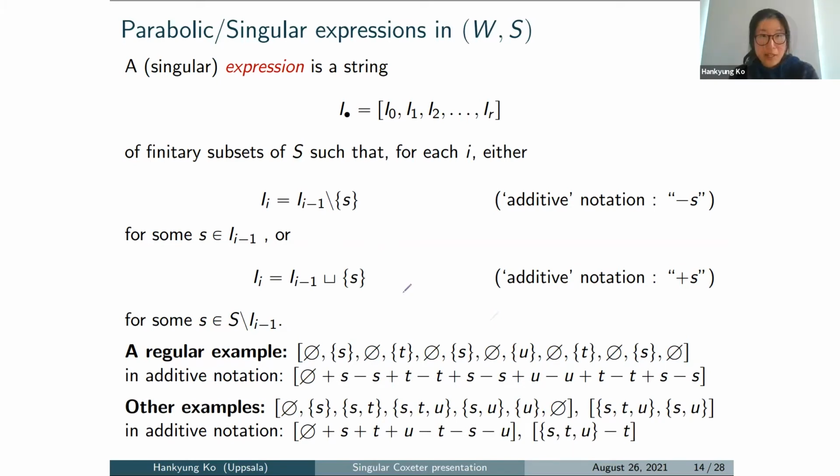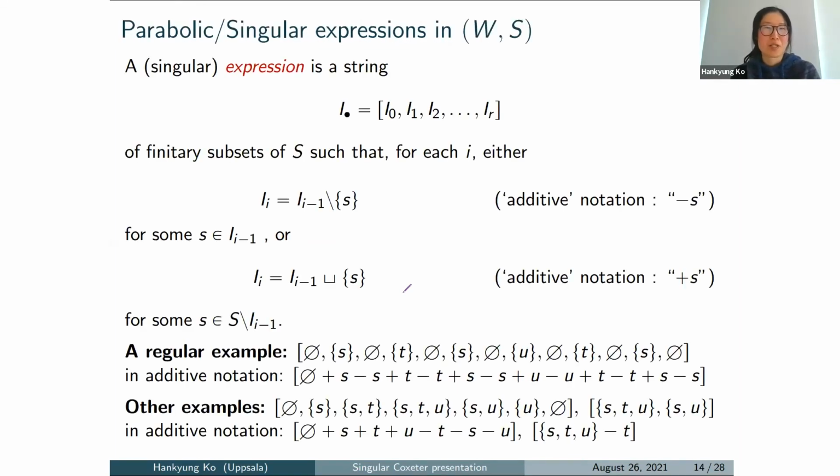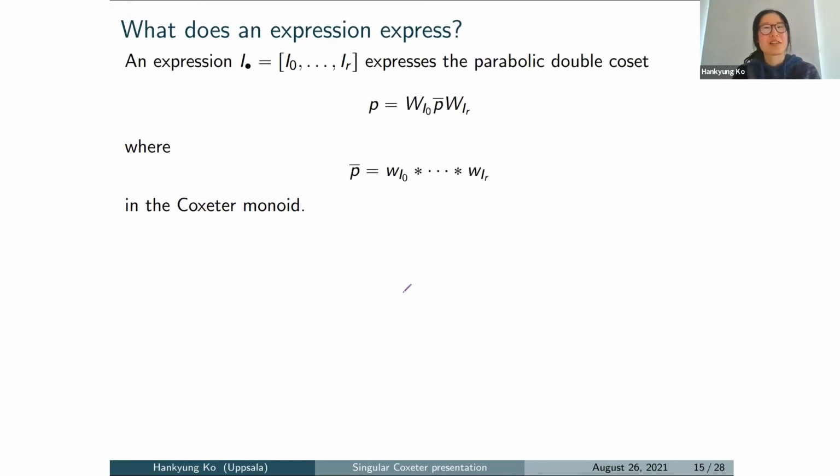Okay, so I defined an expression, but I didn't define it as an expression of something. An expression should be an expression of something. So what does it express actually? To answer this question, I need the Coxeter monoid, and that was why I introduced it.